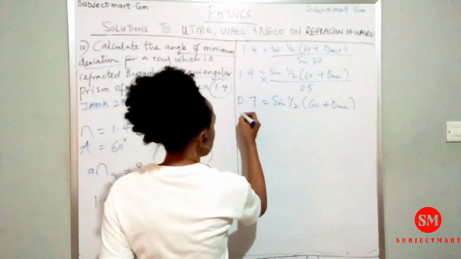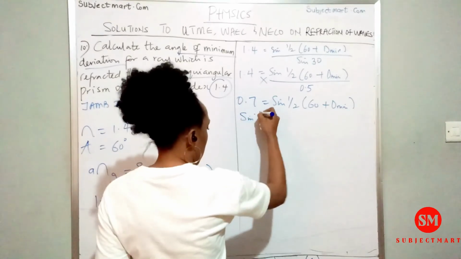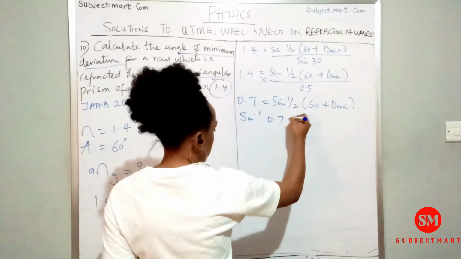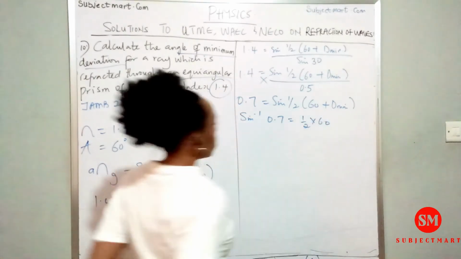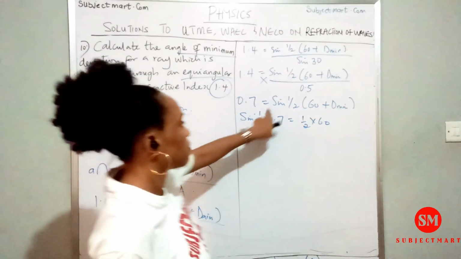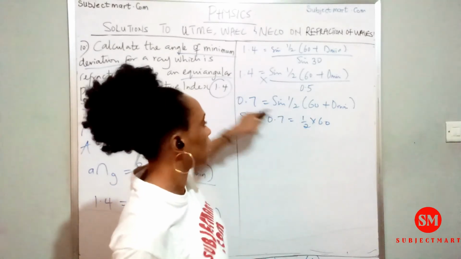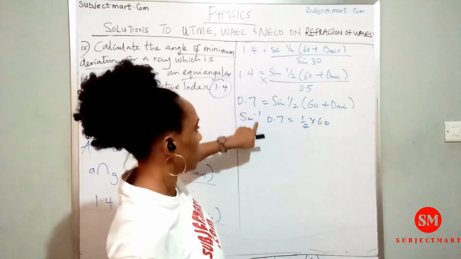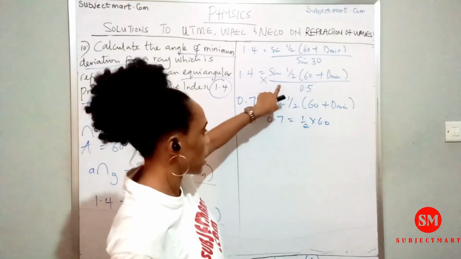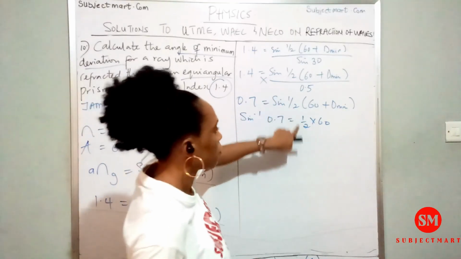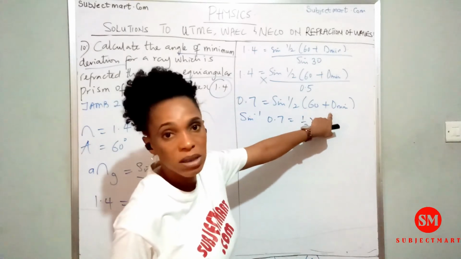So sine inverse 0.7 is equal to half times 60 plus D minimum. How did I get this? I divided both sides by sine. By the time I divide this side by sine, I am left with half into bracket 60 plus D minimum.